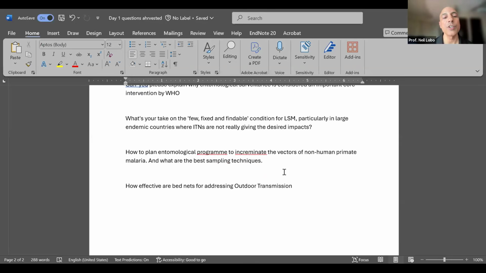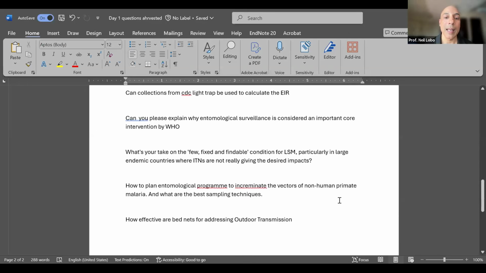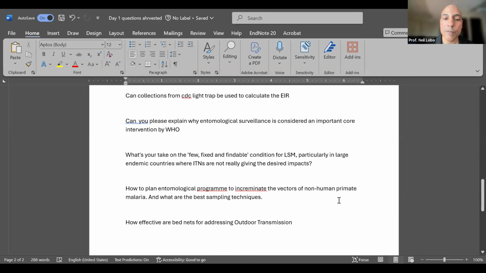For example, you can have huge rice fields, and with modern technology, you can treat them, but historically, you may not have been able to treat them. So are they few, fixed, findable, and treatable? That would be a good thing to understand. As I mentioned in one of the first few presentations, LSM has a different impact on transmission on adult mosquitoes than on infectious mosquitoes than adult interventions.